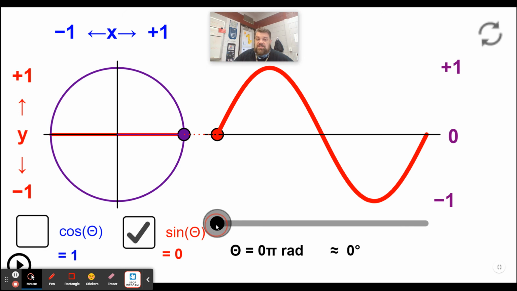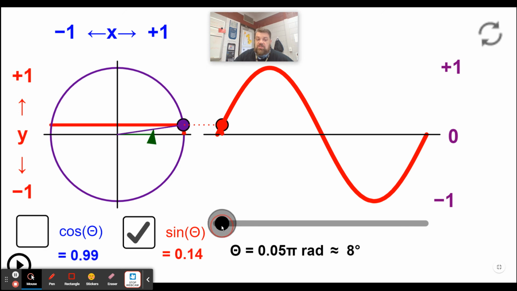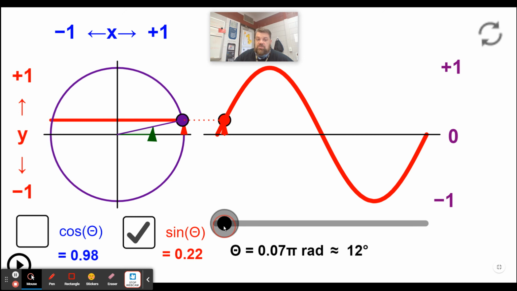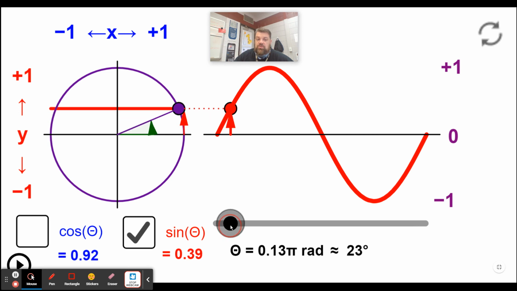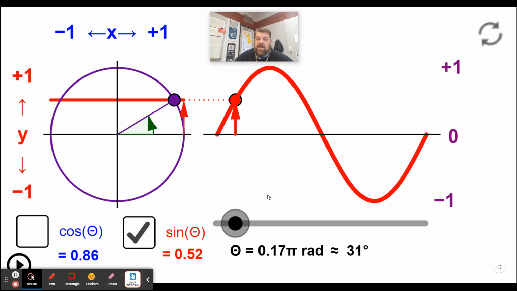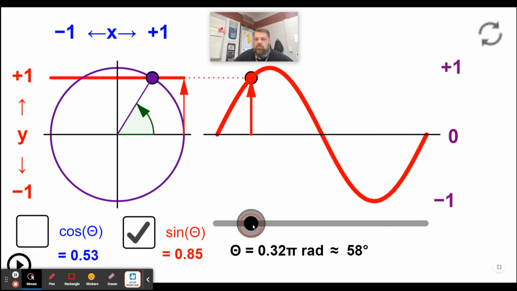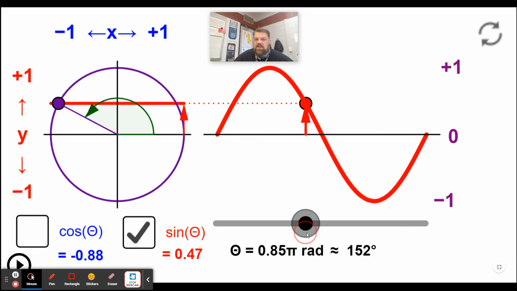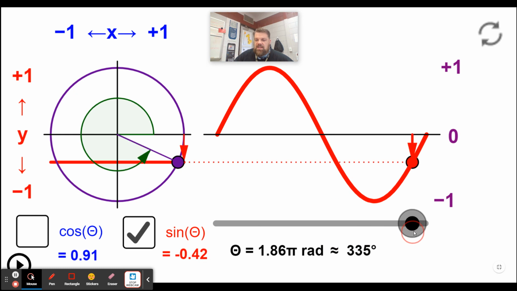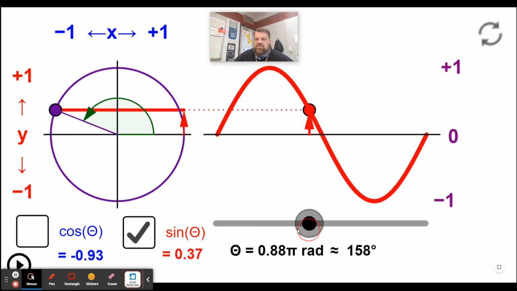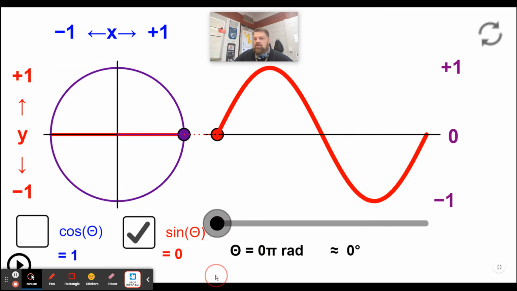So as theta changes, my right triangle changes, but the y value, the distance from here to here, changes. And so we can graph a function sine of x or sine of theta, but we always just replace this with an x, which can be confusing. But it makes a wave like this, and we call it a sine wave. Now, sine wave is short for sinusoidal, but it's a wave.